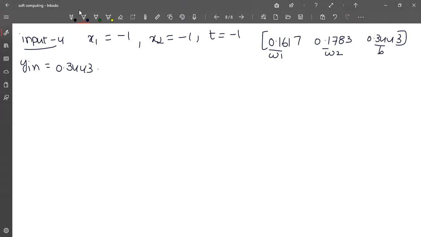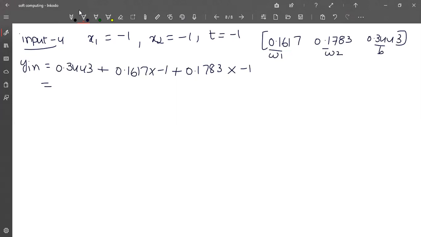So bias value plus W1 0.1617 into x1 plus W2 0.1783 into x2. So this you will be getting 0.3443 minus 0.1617 minus 0.1783.